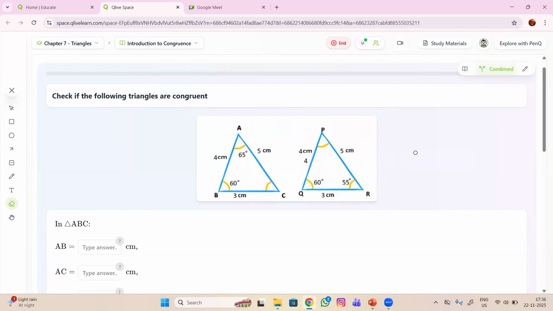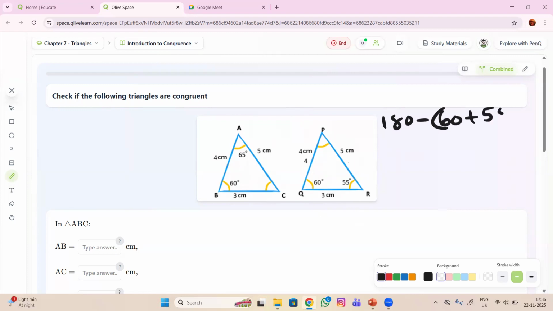We already knew the angle sum of a triangle. What is the angle sum of the triangle? Very good, 180. So from 180 we have to subtract the other two angles.